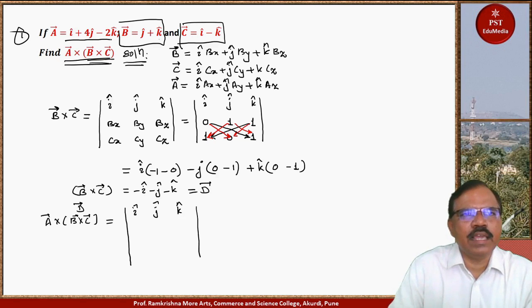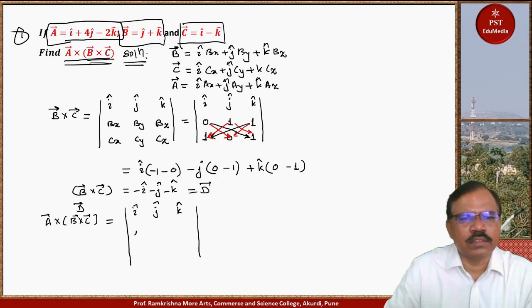So this is vector A. Ax, that is I, means 1. Ay is 4. And Az is minus 2. And now D means B cross C, that is minus 1, minus 1, minus 1.